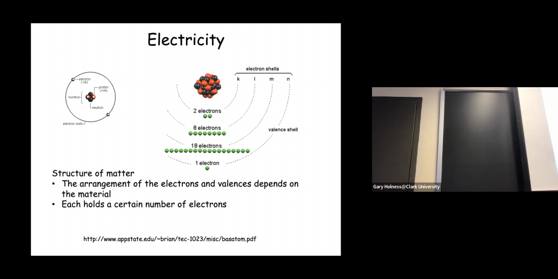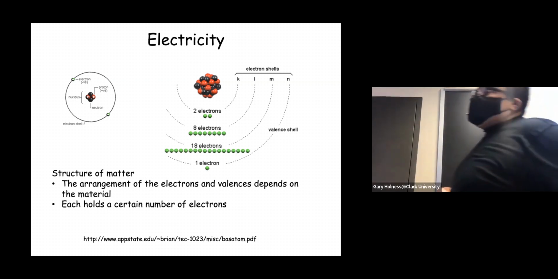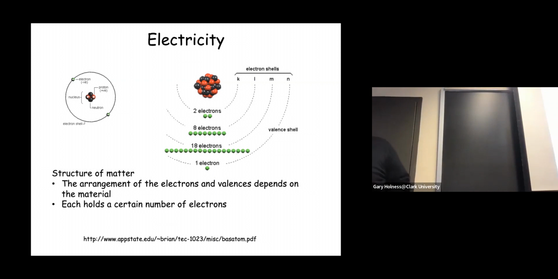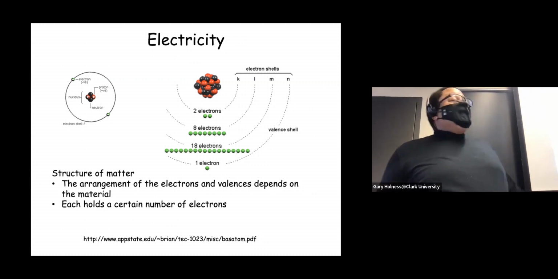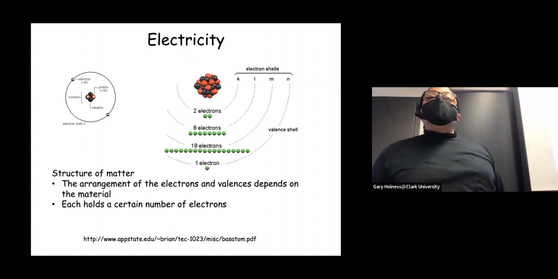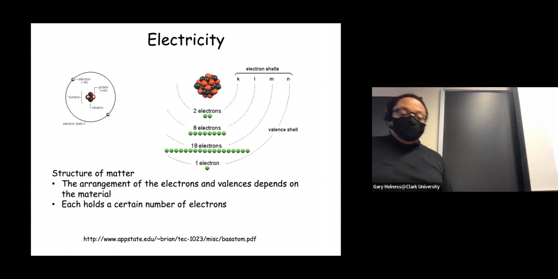Now, each holds a certain number of electrons, but what makes a substance or matter different from another, like carbon versus hydrogen and so forth, is the arrangement of electrons in these valencies. Okay.